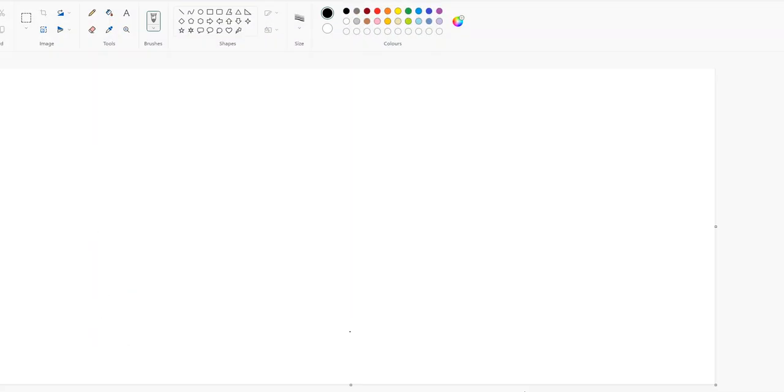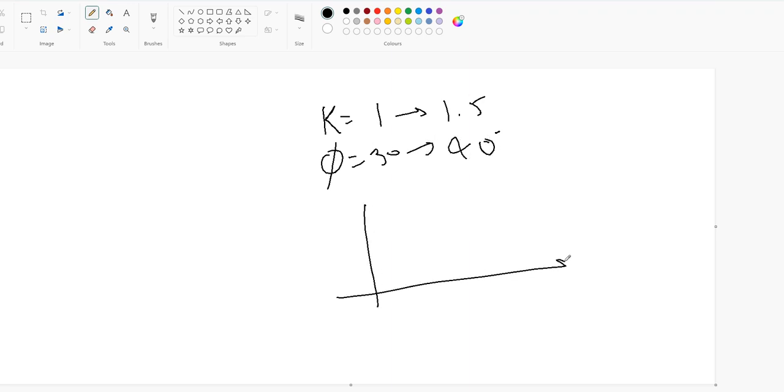So it is saying that we have a K value of 1 to 1.5 based on phi values 30 to 40 degrees. So you will have to actually linearly interpolate.